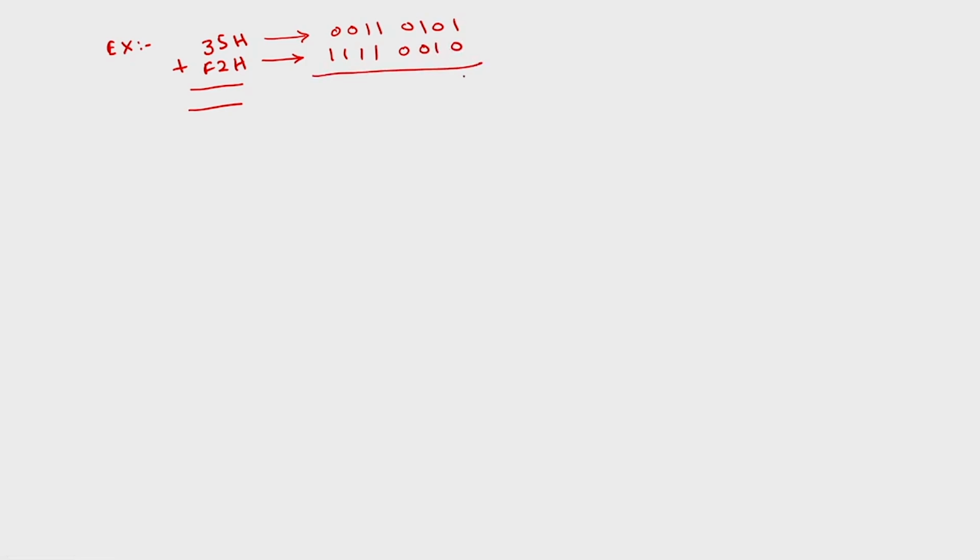So, if I add, 1 plus 0 is 1, 0 plus 1 is 1, 1 plus 0 is 1, 0 plus 0 is 0, 1 plus 1 will be 1 carry, sum is 0, 1 plus 1 plus 1 is 1 carry, sum is also 1, 1 plus 1 is 1 0, 1 plus 1 plus 1 is 0 1.